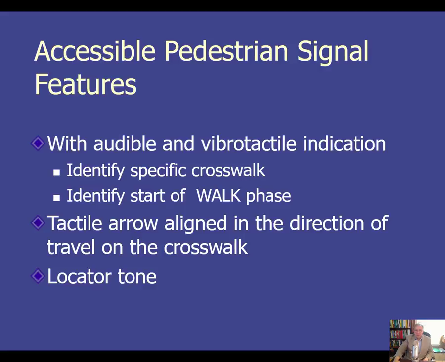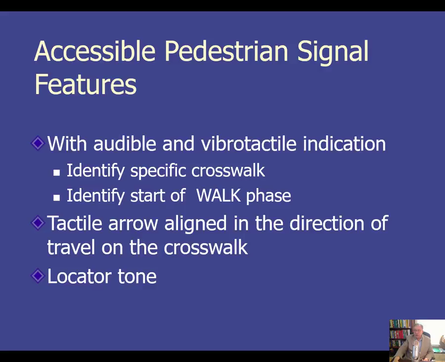So, some of the features with audible and vibrotactile, they identify sometimes a specific crosswalk, sometimes they always identify the start of the walk phase. The tactile arrow is aligned in the direction of travel on the sidewalk or on the crosswalk. So that arrow is very important.